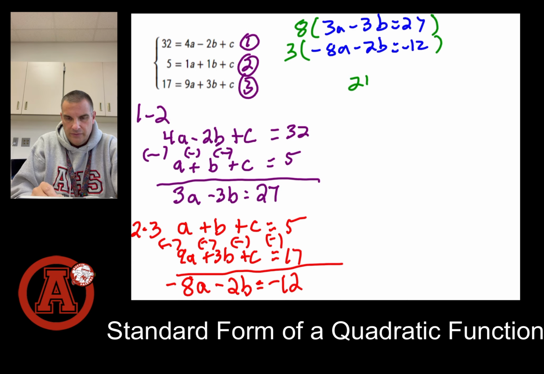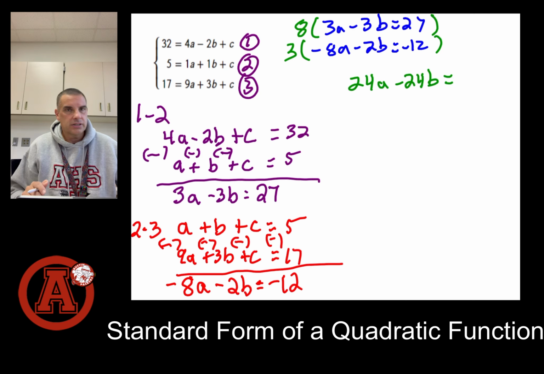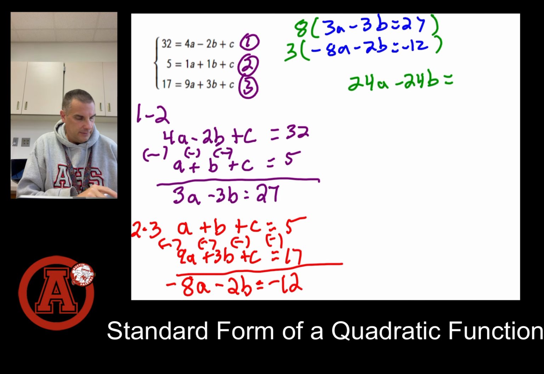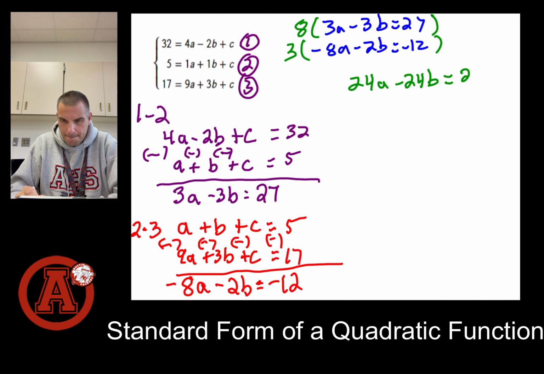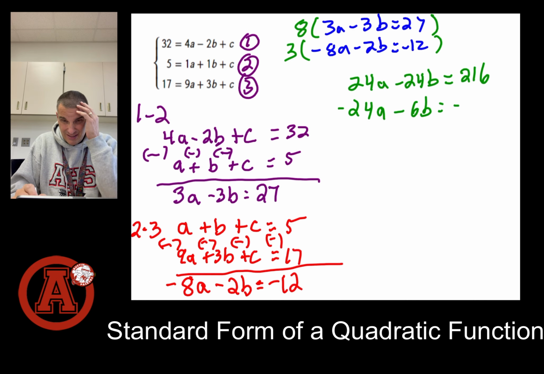So that's 24a minus 24b equals 8 times 27, 216. And then negative 24a minus 6b equals negative 36.